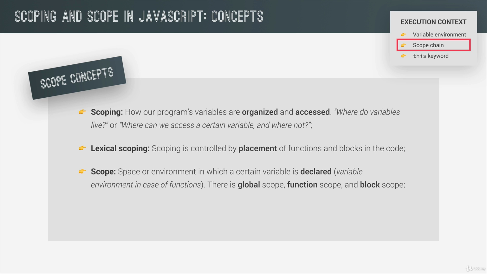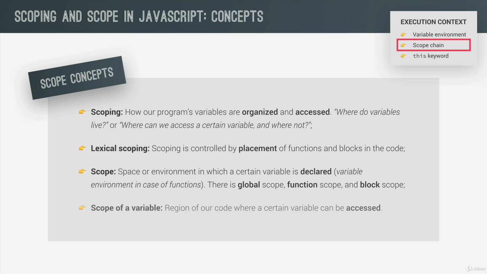Then the answer is that for the case of functions, it's basically the same. Now in JavaScript, we have the global scope, function scope, and block scope. And we will talk about these in a second. But first, let's also define what the scope of a variable is.